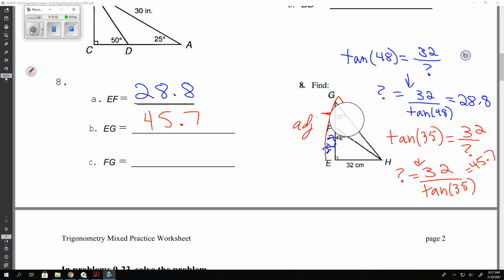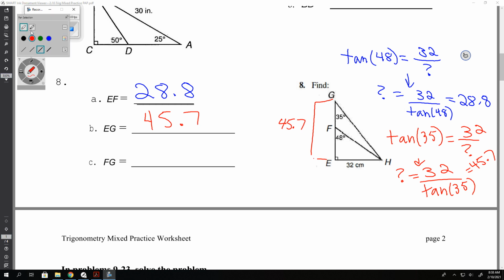Okay, and so now, y'all, think about this again. We know EG, the whole of this thing, right? And then we know one of the pieces, EF, so 28.8. Right?